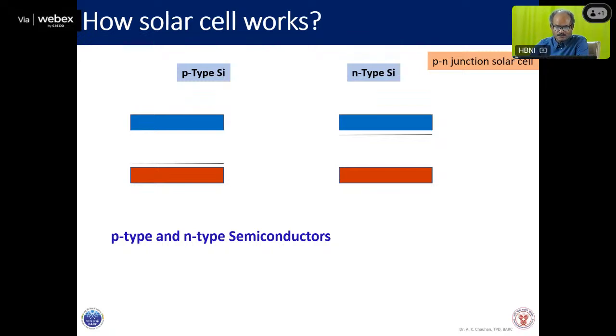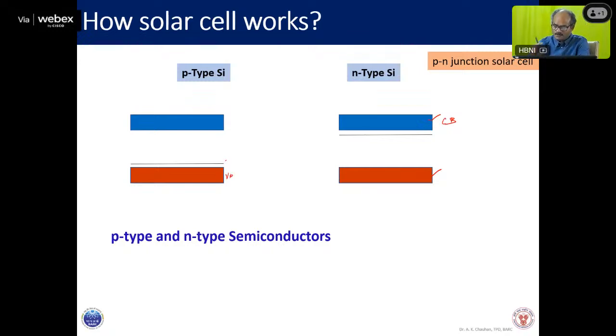We have P-type silicon and N-type silicon. So this is our valence band, this is the conduction band. In N-type silicon semiconductor, where is the Fermi level? It is close to the conduction band. In P-type, where is the Fermi level? It is close to the valence band. So this is the Fermi level.